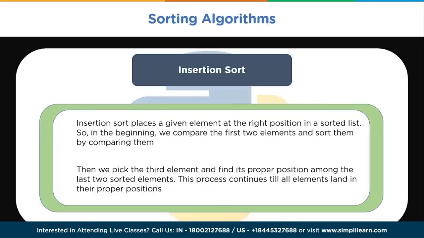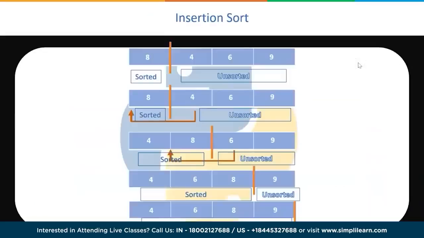In insertion sort, whatever list you have, the first element is always considered to be sorted and the rest of the elements are assumed to be unsorted. So you start by comparing the first element with its adjacent element.